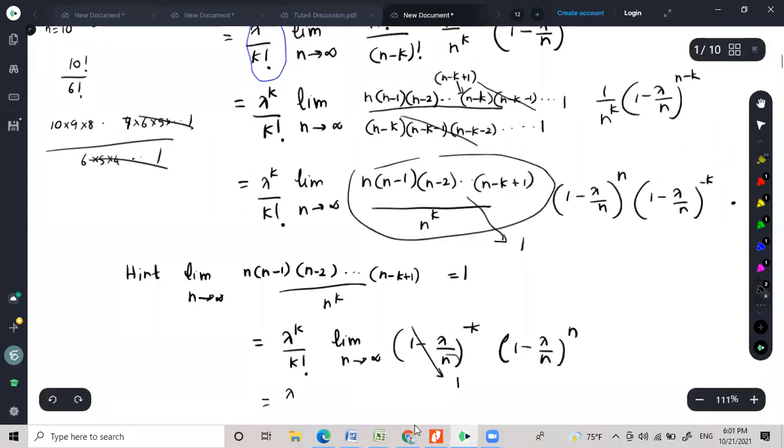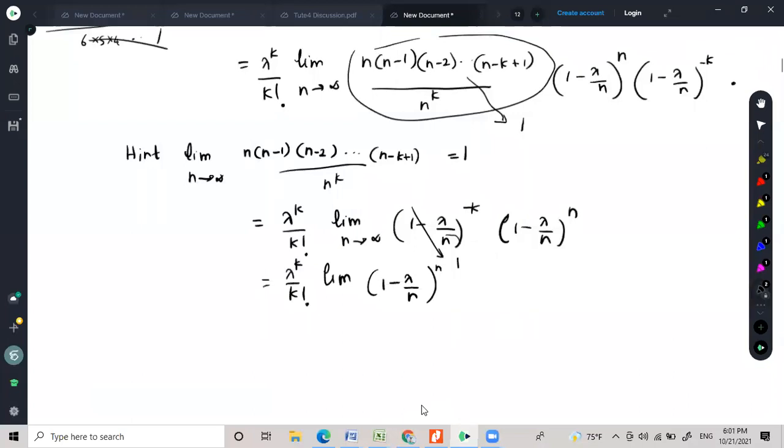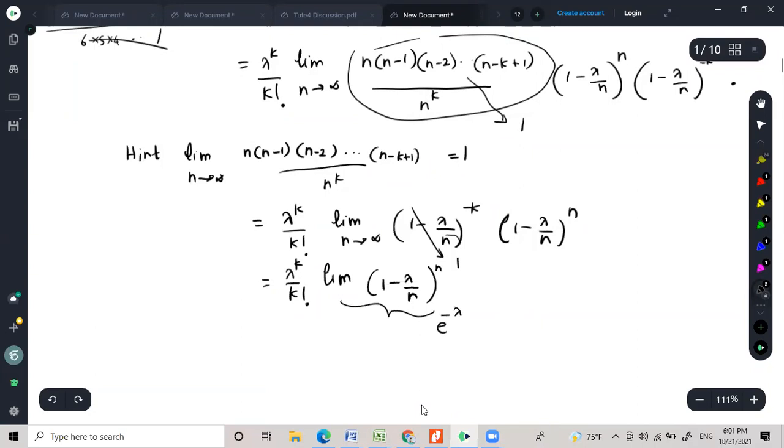Therefore, you'll end up with simply lambda to the k over k factorial times the limit of 1 minus lambda over n to the power n. And this is a very familiar limit, this is exactly e to the negative lambda.